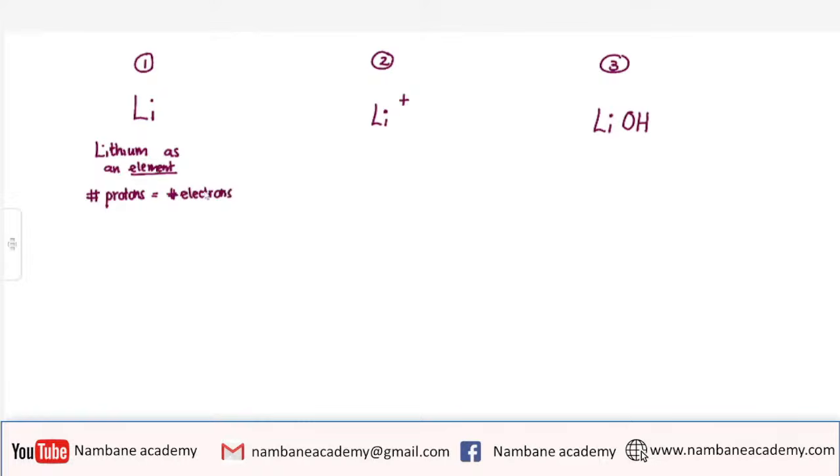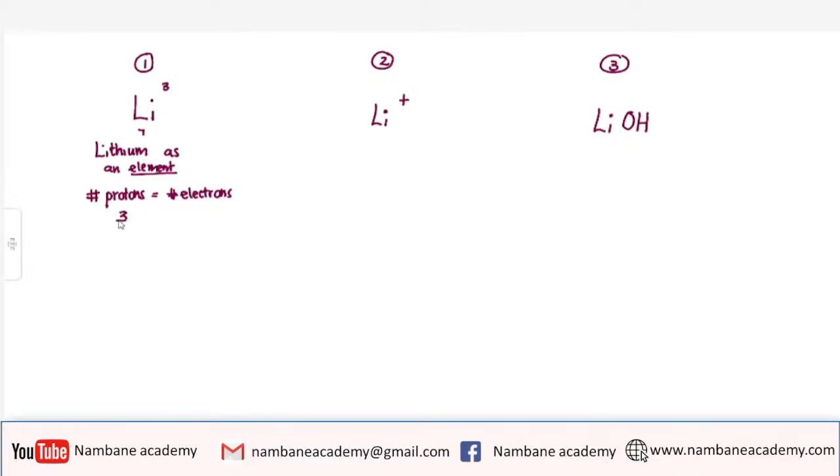Where do you get the number of protons and electrons? It is the smallest number of that element on the periodic table. So lithium, if you go to the periodic table, you'll see it's written 3 and 7. So this 3 is the smallest number between these two numbers. So this 3 is the number of protons.